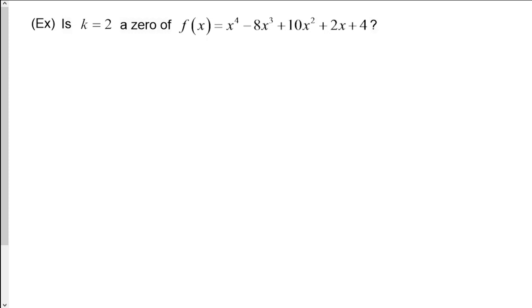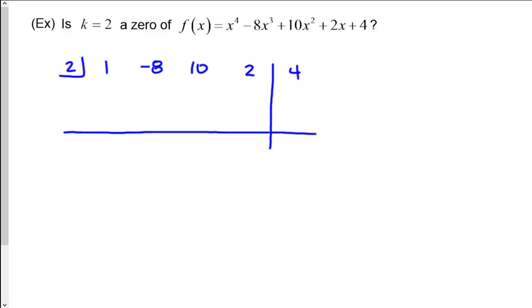All right, and one last example here, and I believe you'll be ready for the homework. So is k equals 2 a 0 of this polynomial? 1, negative 8, 10, 2, and 4. So bring the 1 down. 2 times 1 is 2.